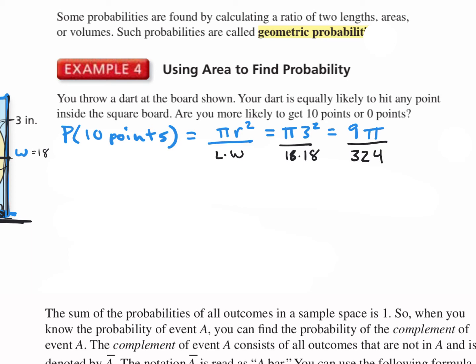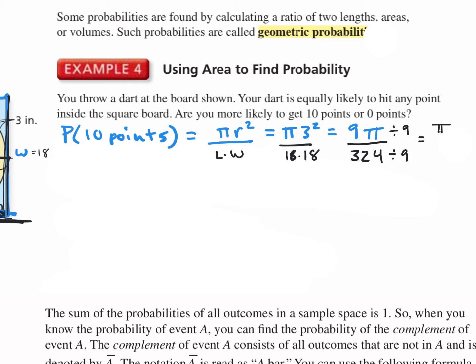Can we simplify 9 pi over 324? Does anything go into both of them? Yeah. 9 goes into both.